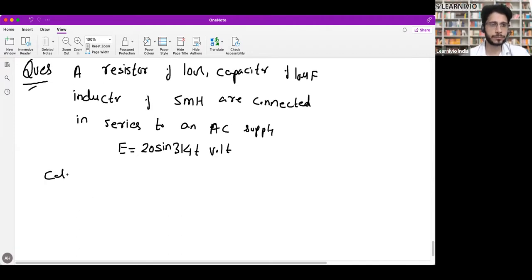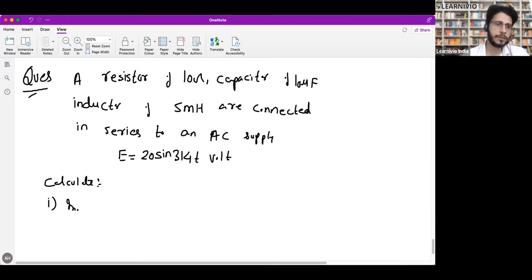Calculate, first part. Inductive reactance is a very, very lengthy question. Inductive reactance, second part.